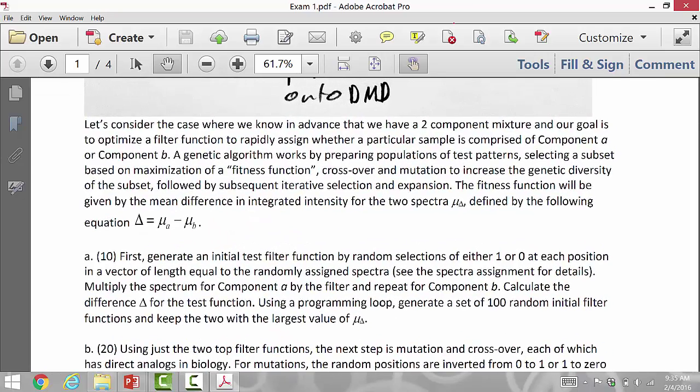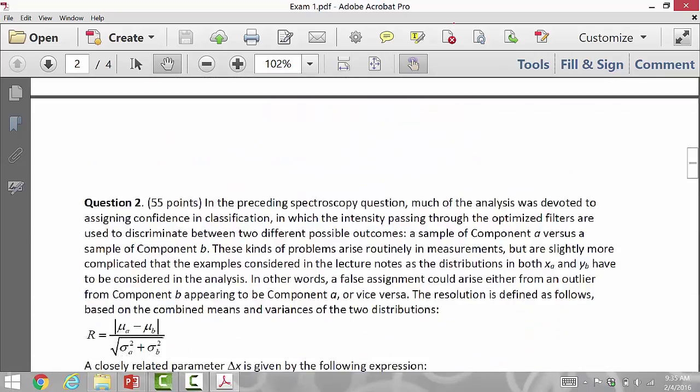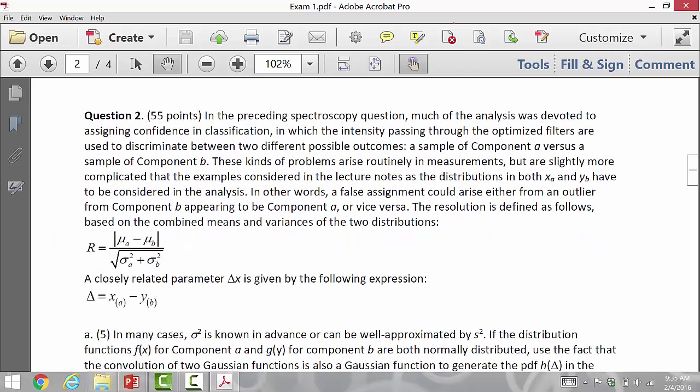All right. So once you've got the genetic algorithm working, we move on to question 2, which is this t-test. That's basically asking, okay, you've built this filter that best resolves two spectra on your detector. What sort of signal to noise do you need to resolve or identify the two components with 99% confidence?